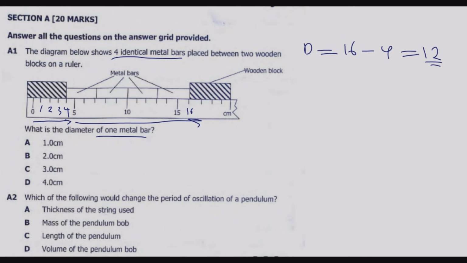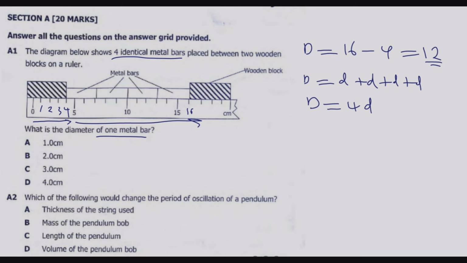Now since these are identical, when we add the dimension of each individual metal bar, we end up with the sum, which is basically 4d.